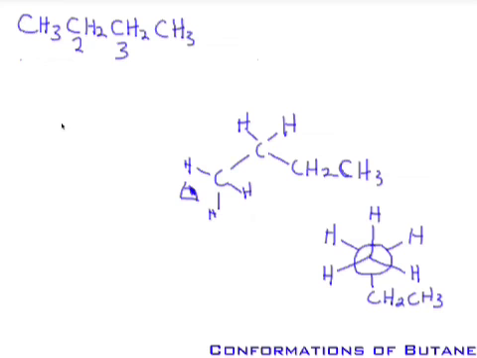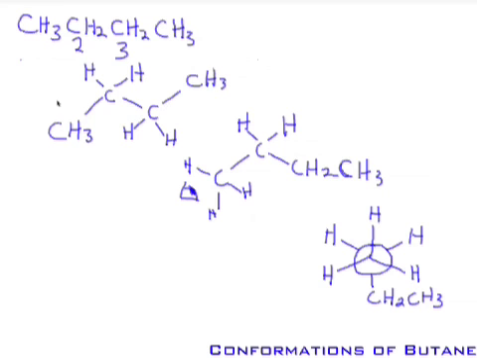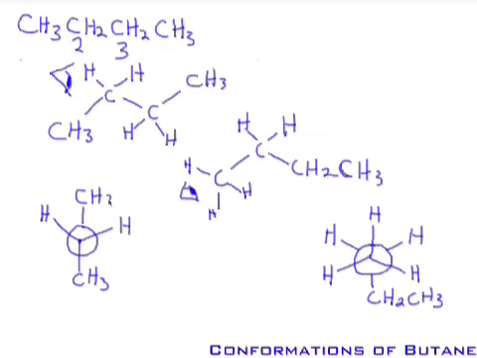Well, in this case, if I'm looking down the carbon 2,3 bond, so my eyeball is here, I'm looking down this bond, the front carbon is going to have 2 hydrogens, I'll draw staggered again, and a methyl, and the back carbon is going to have a methyl and 2 hydrogens.